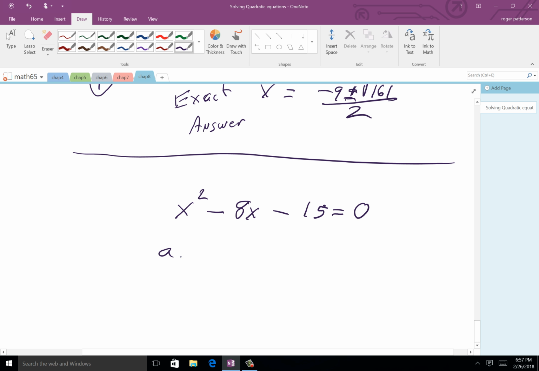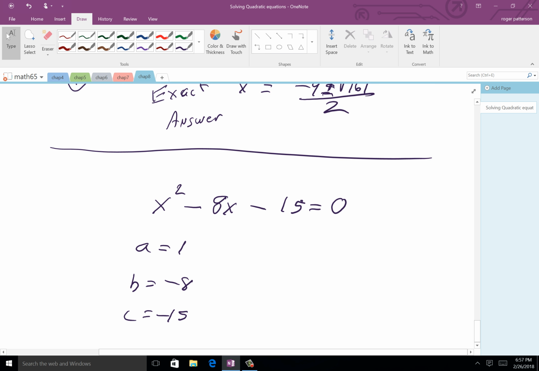A equals, B equals, C equals. So what's A? 1. What's B? Negative 8. Good. And C? Negative 15. Okay. So now we're going to use our formula.